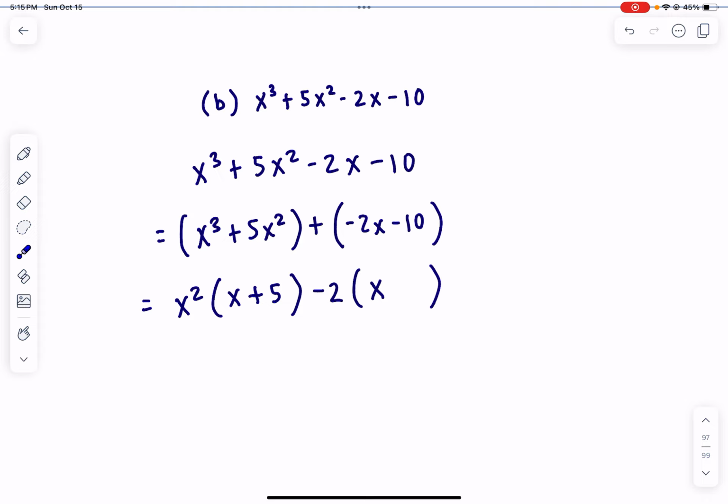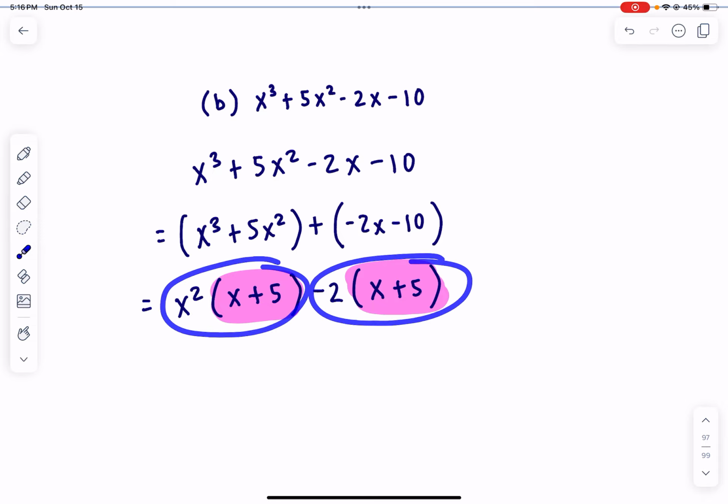And then here, negative 2 times what is negative 10? Well, that has to be a positive 5. And notice by factoring out this negative, we were able to now have a common term of x plus 5 in both of these groupings that we made.